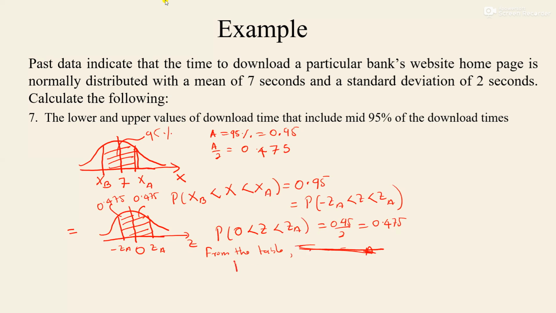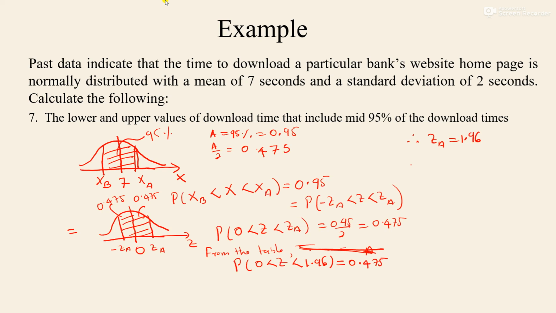From the table, the probability of 0 less than Z less than 1.96 is equal to 0.475. Therefore, ZA is equal to 1.96.